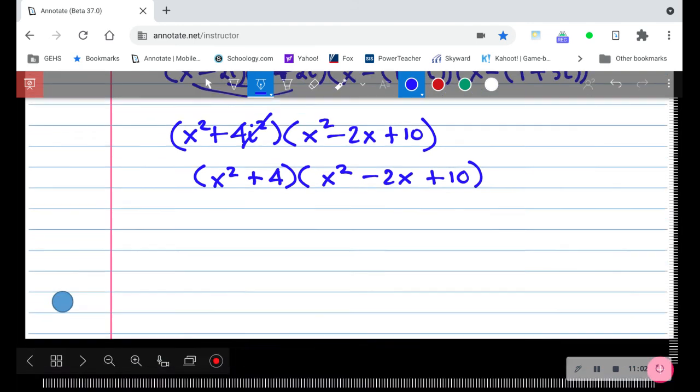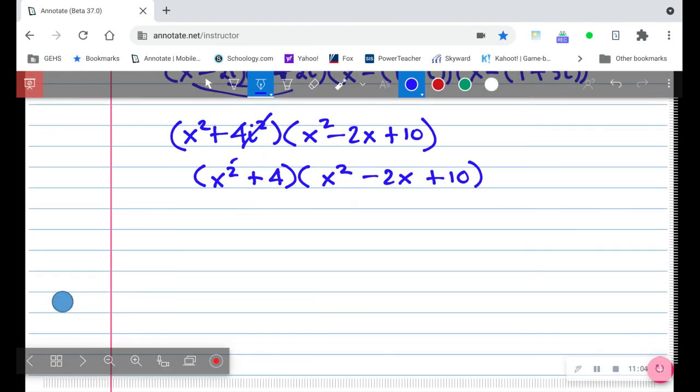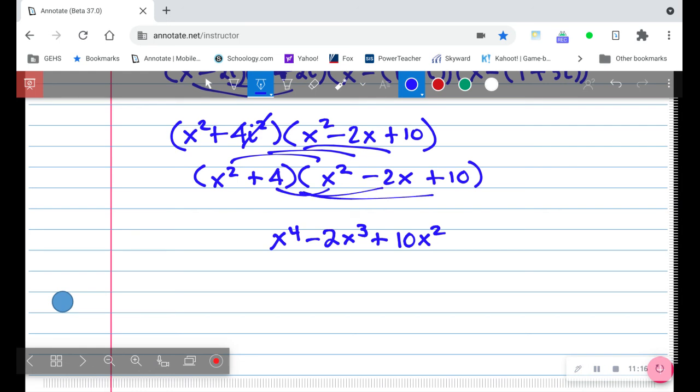And now it's just simply a matter of distributing the x squared all the way down. X to the 4th minus 2x cubed plus 10x squared. And we turn to the 4 and distribute it all the way down.